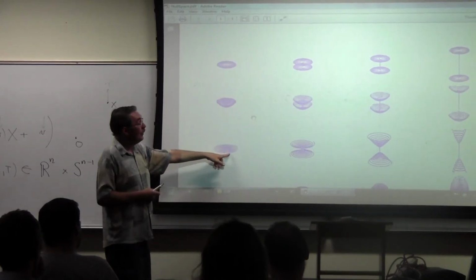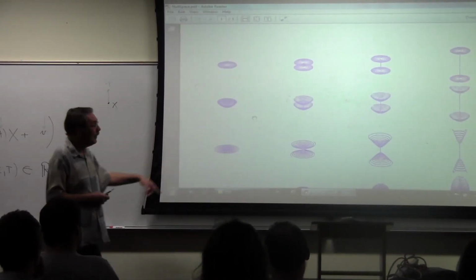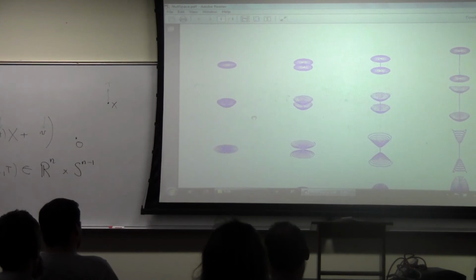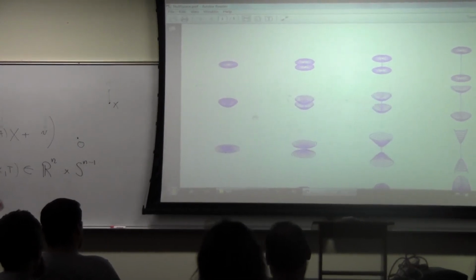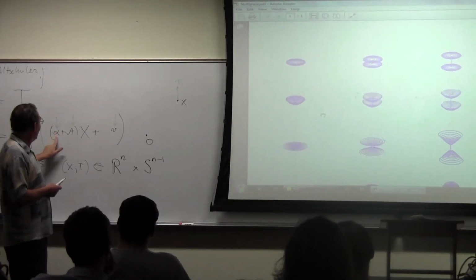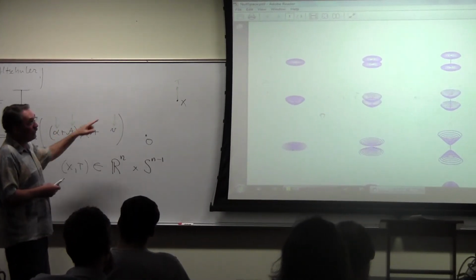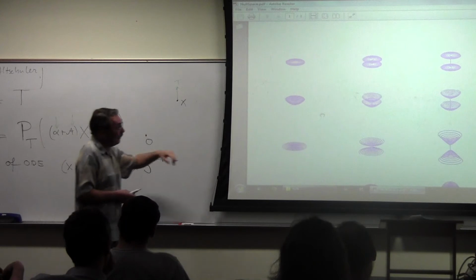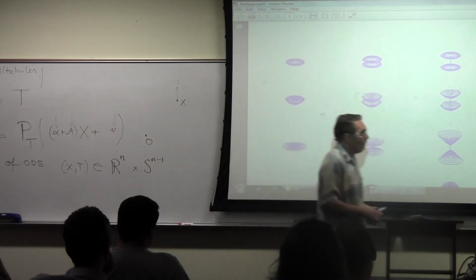Here we have solutions that don't translate but dilate. So these are shrinking, these are expanding solutions. So there V is 0, alpha is some positive number, and A is that matrix again. And again, there are a bunch of these solutions.